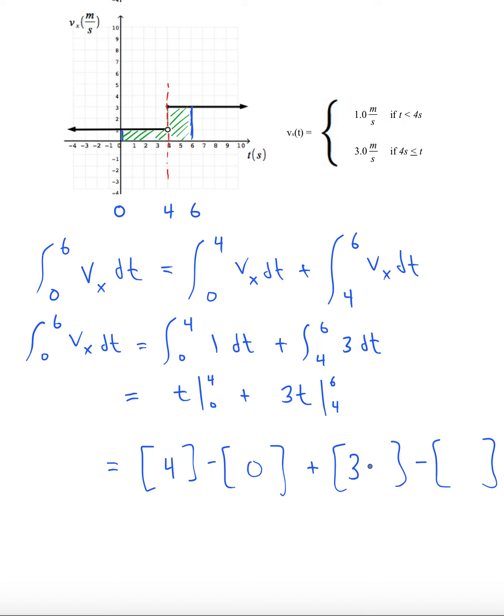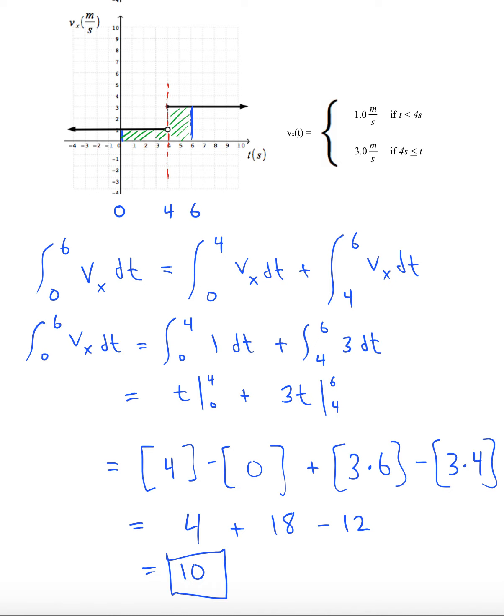We'll get 3 times 6 minus 3 times 4. That's going to give us 4 plus 18 minus 12, which is 10.